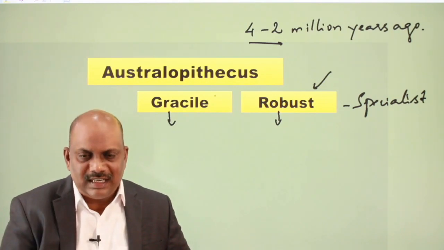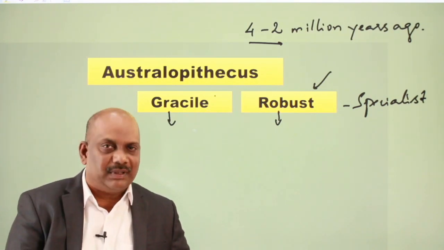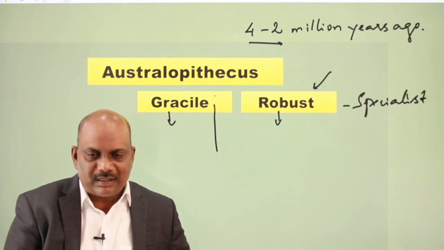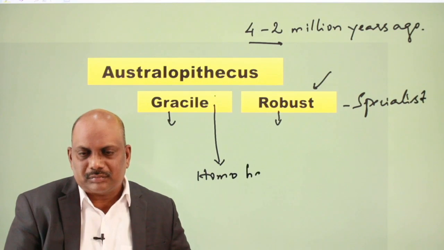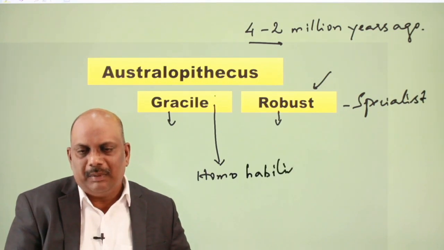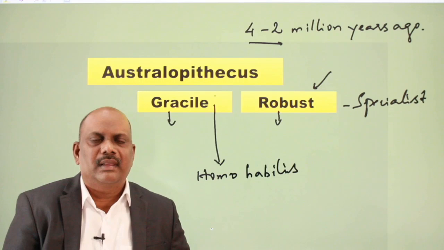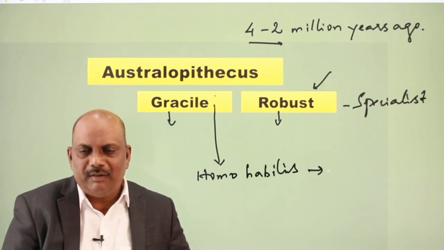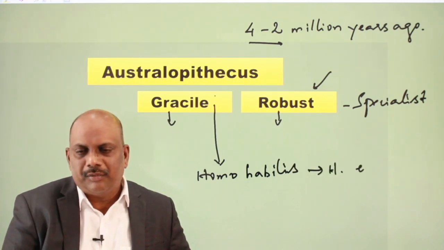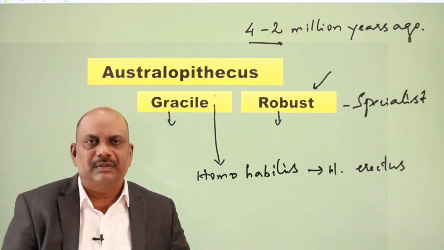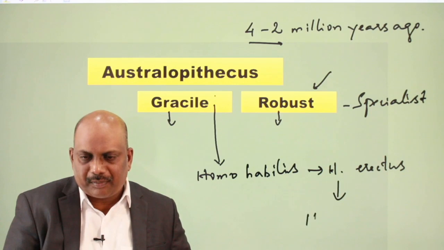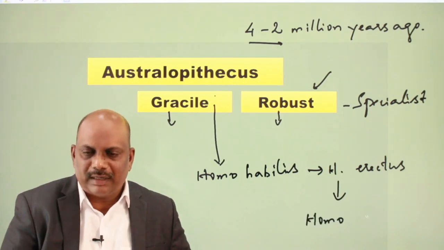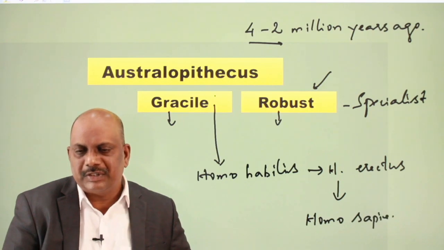It was this gracile form of Australopithecus which got further evolved into Homo habilis. This Homo habilis got evolved into Homo erectus, and it is the Homo erectus which got evolved into Homo sapiens.